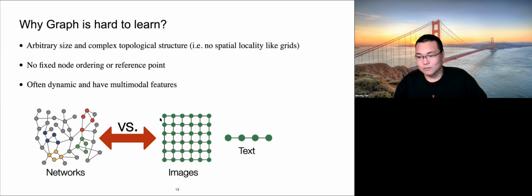For grids, we can say here's the top left and here's the bottom right, but you cannot say where the top left or bottom right is in a graph, because it can change its shape easily while still remaining its structure. So there is no fixed node ordering or reference point. That is also the reason why we need permutation invariance for our graph representation. The third, it is often dynamic and has multimodal features.